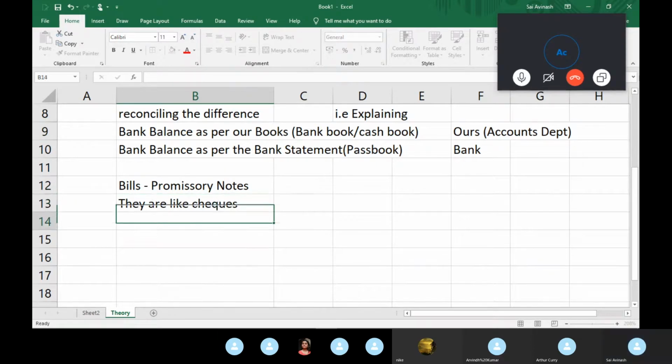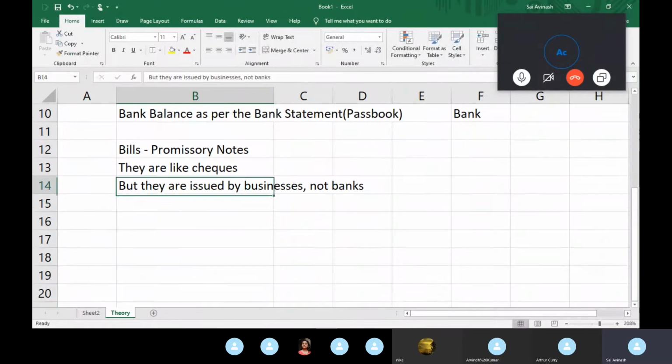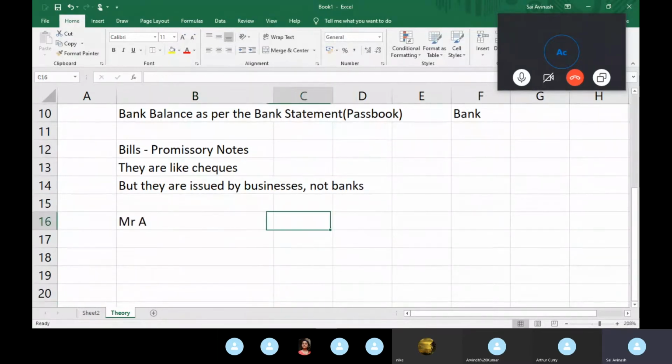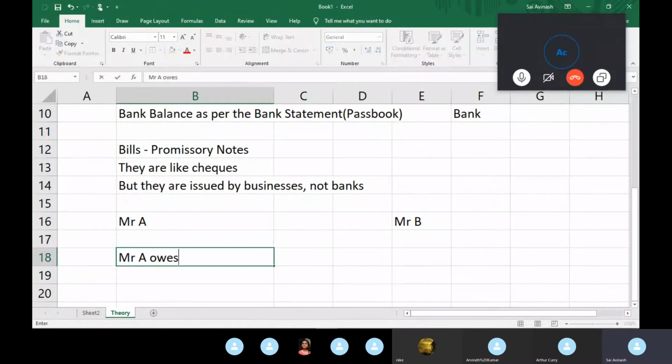But they are issued by businesses, not banks. Which means that, say, Mr. A and Mr. B are there. So Mr. A owes Mr. B rupees 1,000. Okay.